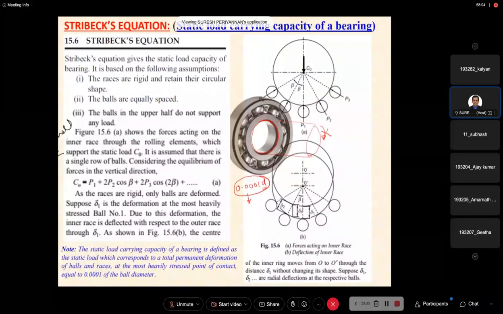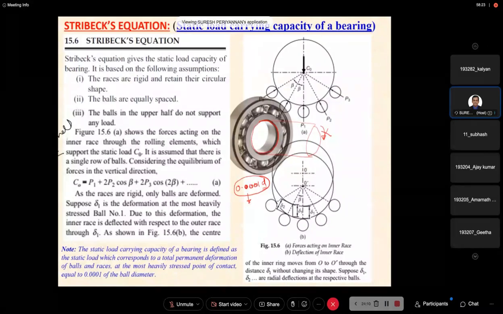It can be tolerated in practical conditions without any disturbance like noise and vibration. Up to this deformation only is allowable.